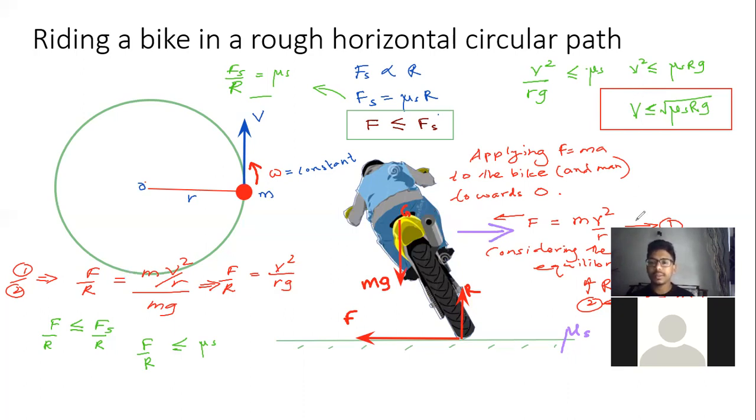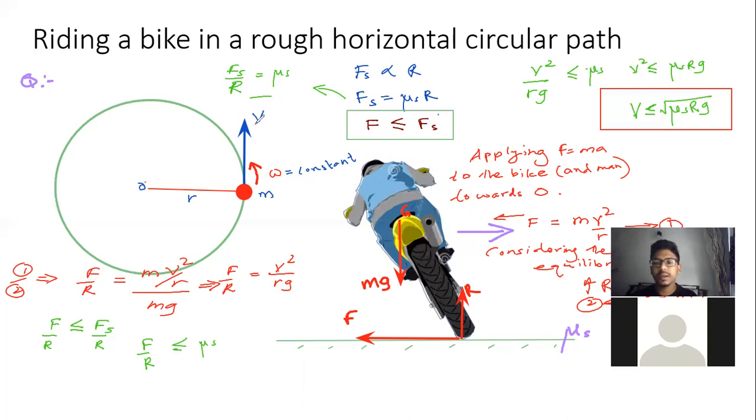Now, let's do an example so that it will be clear. Okay, so I'll give you a question. Write down: what is the maximum tangential speed.